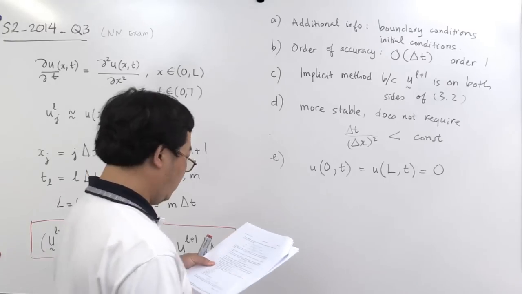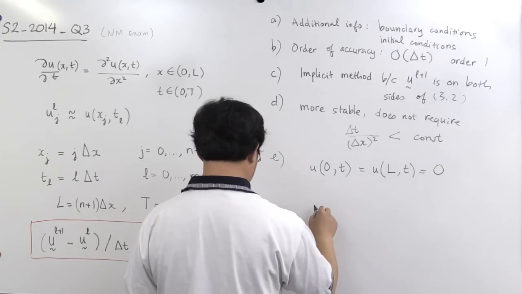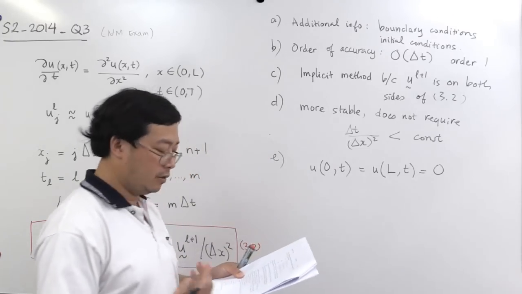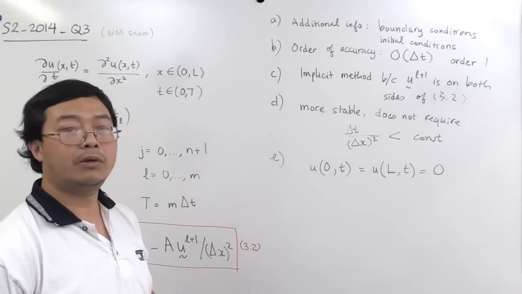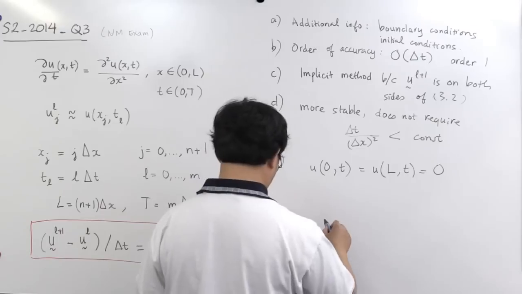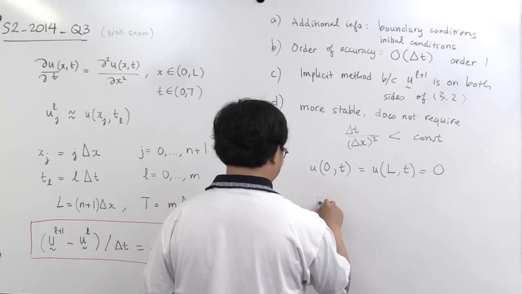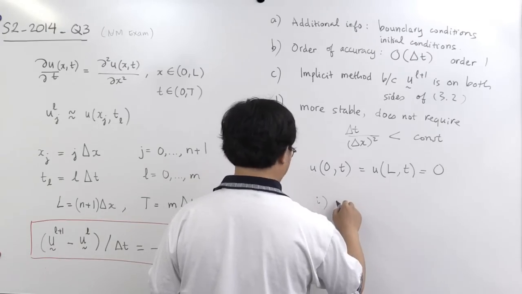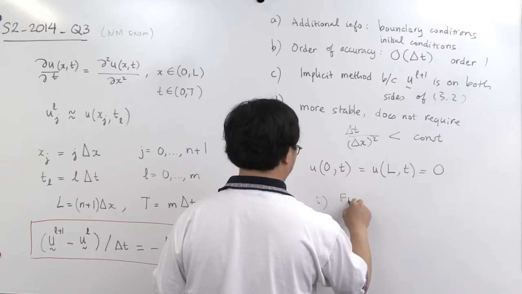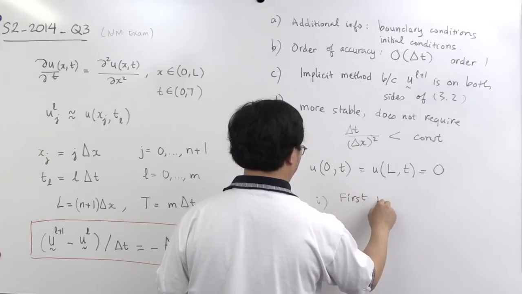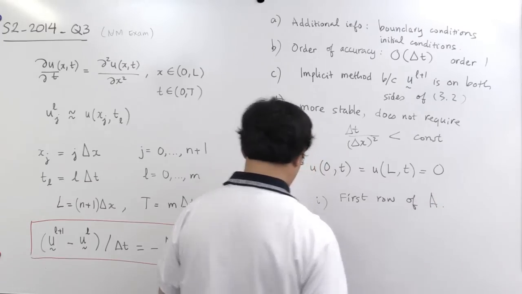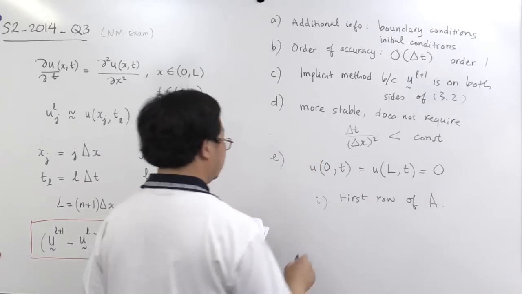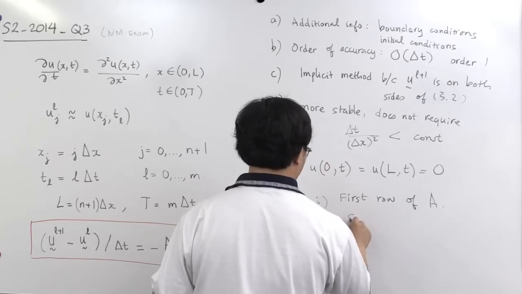So now you have to identify the matrix A. Well, you have to identify the first, the second row, and the last row of the matrix A. Okay, so the question is, what is the first row of the matrix A? Okay, and then what is the second row and what is the last row?